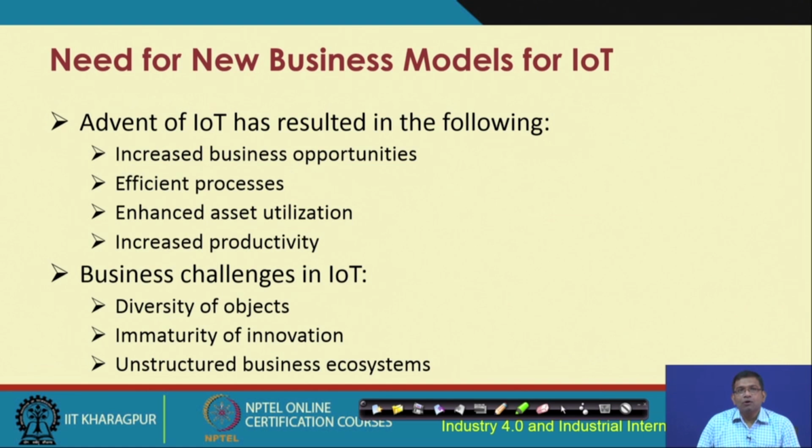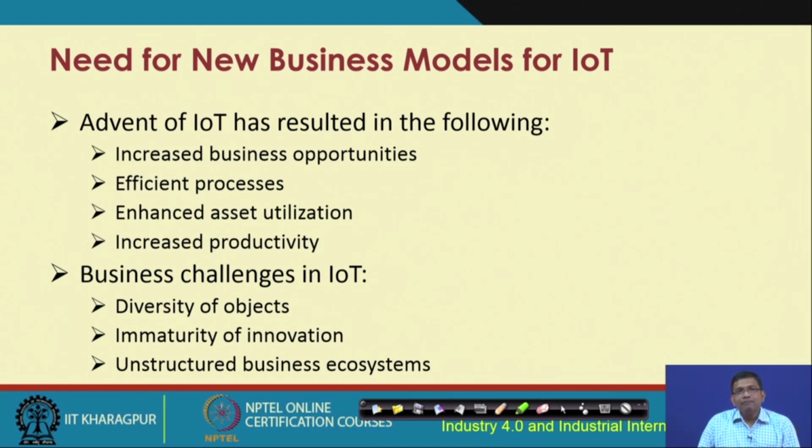These objects will have different sensors, and these sensors will acquire data, and this data is going to be sent across to some remote server for further processing. These objects are of different types and they are interconnected together. That poses a huge challenge, not only technically but from a business perspective, this aspect of diversity in interconnecting different objects.